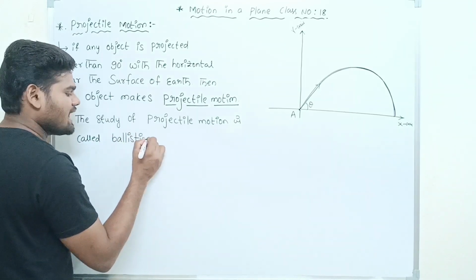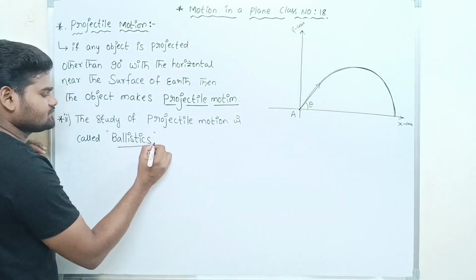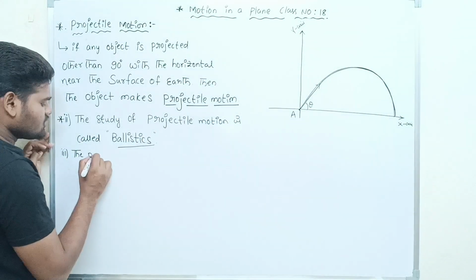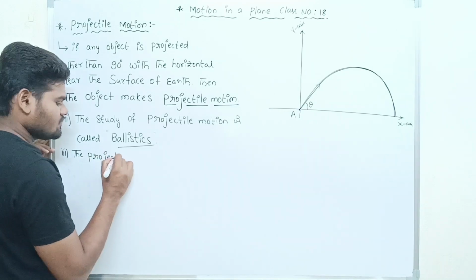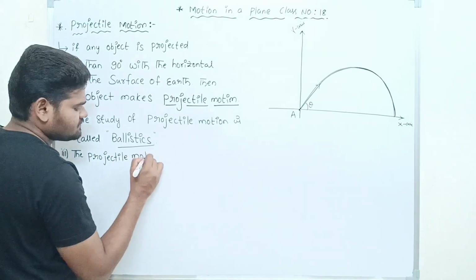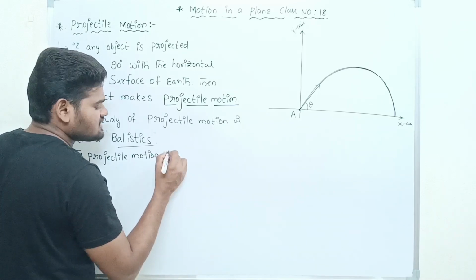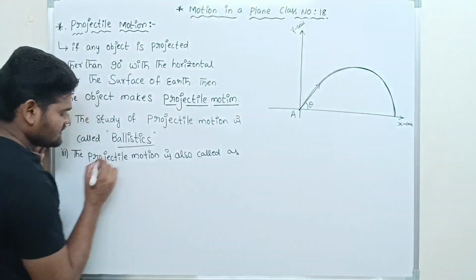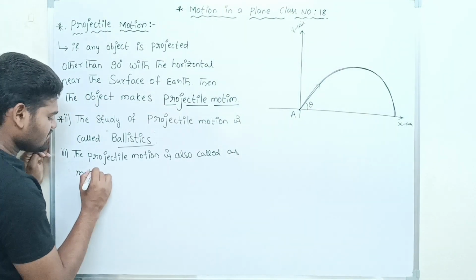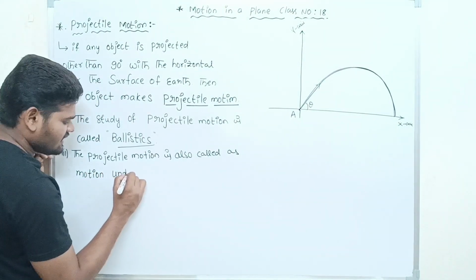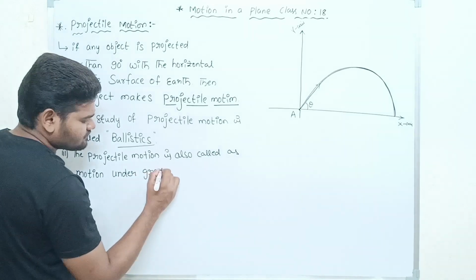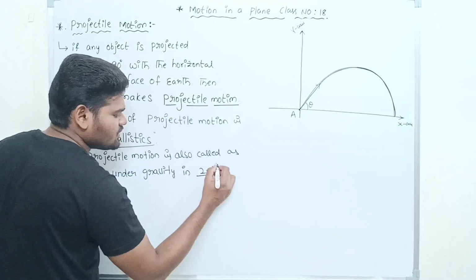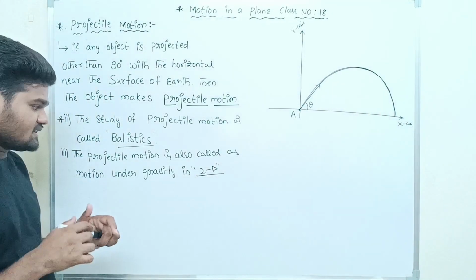The third point: projectile motion is also called motion under gravity in 2D, two dimensions.